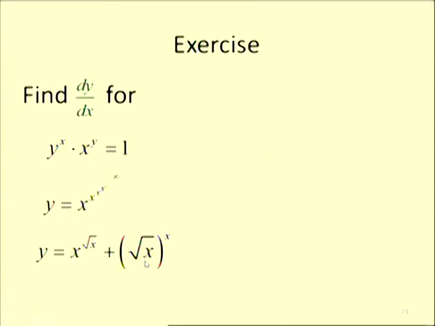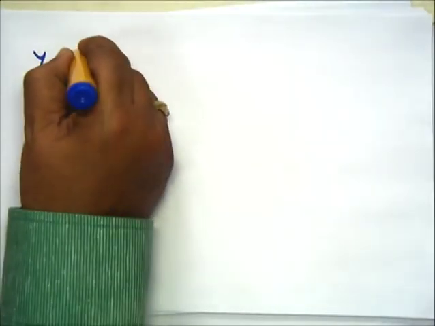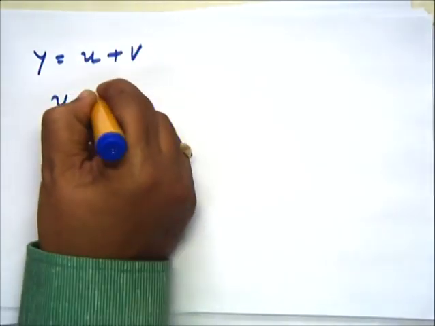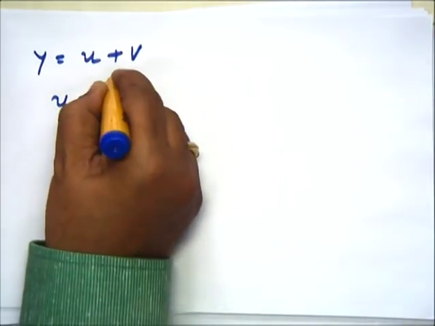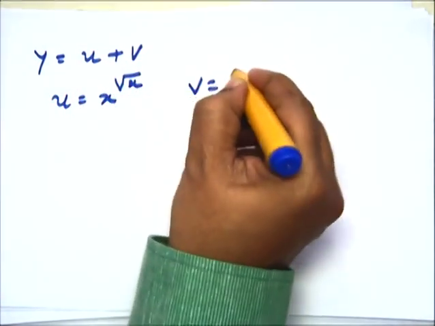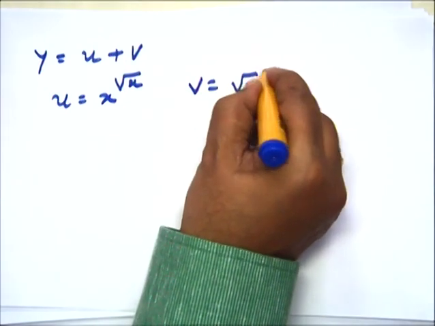So here we can't directly take the log of the function, but what we can do, we can assume y is equal to u plus v, where u is equal to x raised to root x and v is equal to root x raised to x.